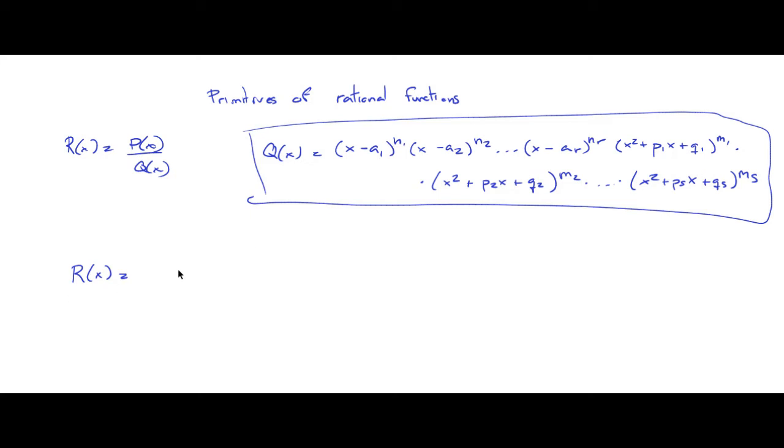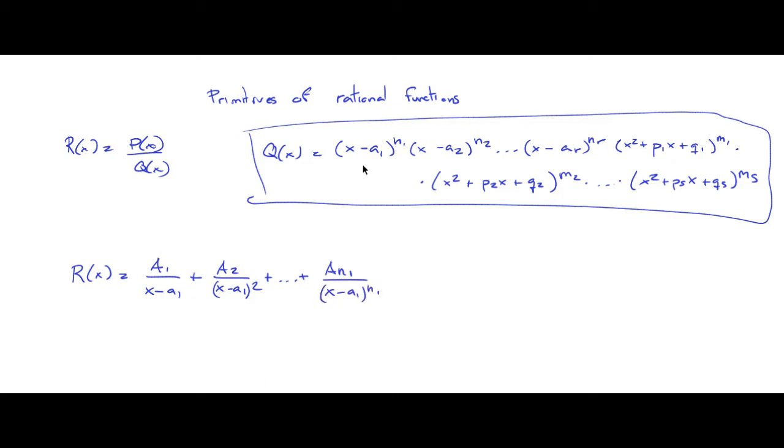So it's going to be something like a1 divided by x minus a1, plus a2 divided by x minus a1 squared, plus, up to the multiplicity n1, a sub n1 divided by x minus a1 to the n1.